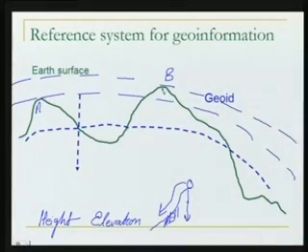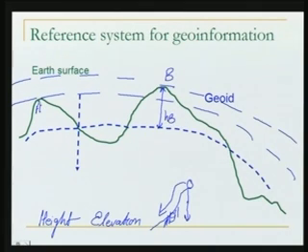Now how are we going to make use of the geoid? The height of point B from the geoid is represented by this line. What is this? This is in the direction of the gravity. If from B we meet the geoid at this point, then this is the height of B from the geoid. Let us say we write it as HB.